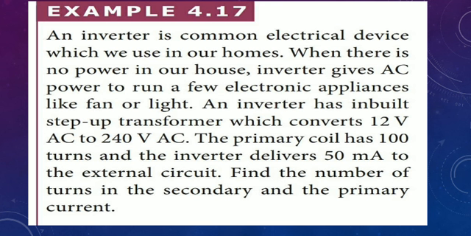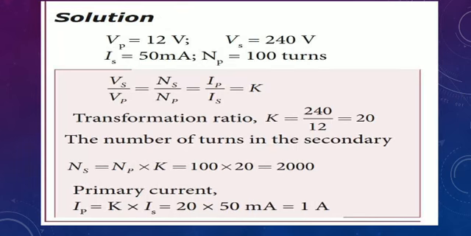Okay students, in the inverter. Right. Now come to the solution. From the question, the given data: voltage in primary 12 volts, secondary 240 volts, the current in the secondary coil 50 milliampere, because the output is from the secondary coil.